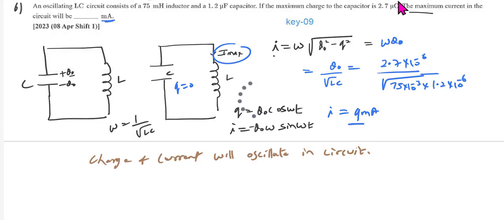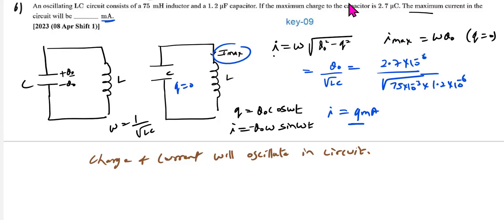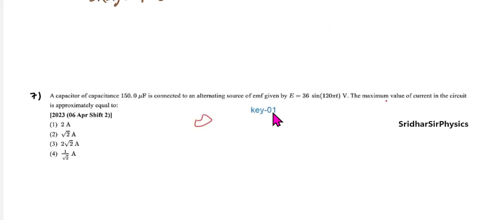Based on those basic formulas, it is being asked. You should have known the maximum current. When does maximum current occur? When Q equals 0, the current will be maximum. Okay, fine. Let's take the next question.